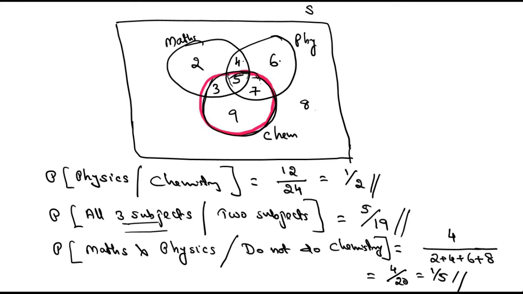Now we will see some properties also. Property 1: we will take probability of A given S. Here S stands for sample space and A is your event. So A given S means it is always A only, probability of A. The definition of probability is the number of students favorable to A divided by the number of students in the sample space. So immediately we can say this is probability of A only.